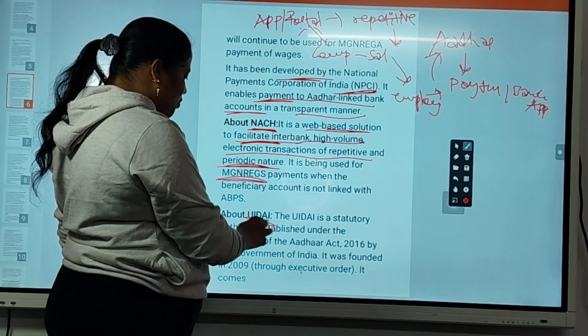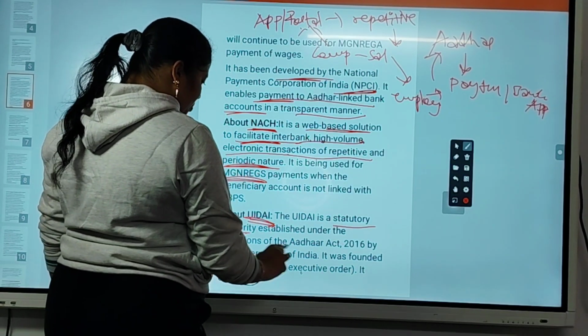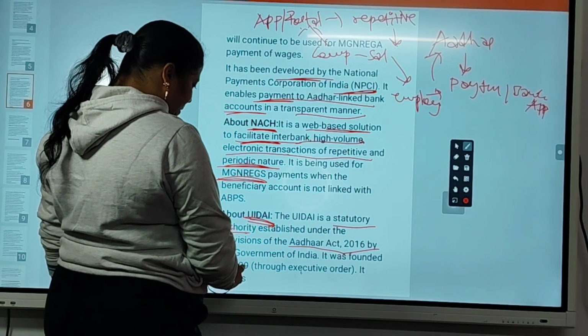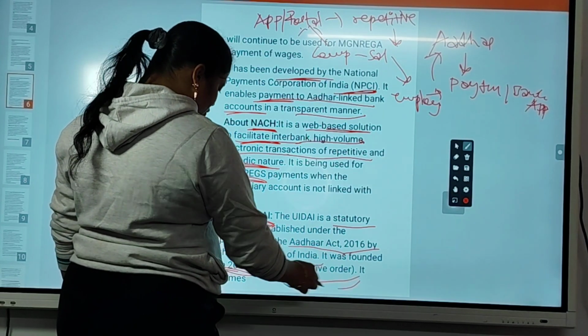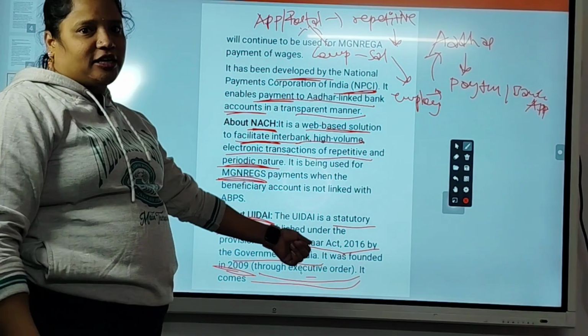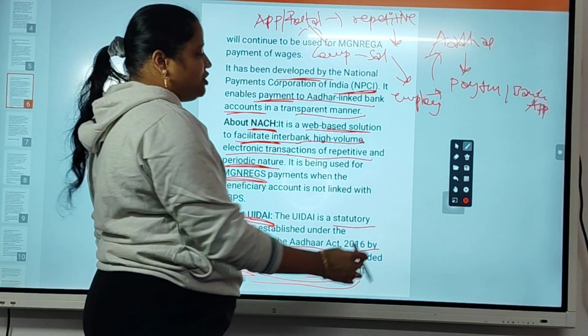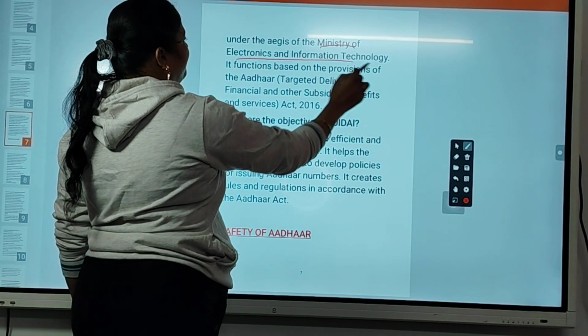So what is UIDAI now? UIDAI is a statutory authority established under provisions of the Aadhaar Act 2016 by the Government of India. It was founded in 2009 through an executive order. Okay. So it is under the Aadhaar Act of 2016 and it was established in 2009. It works under the Ministry of Electronics and Information Technology.